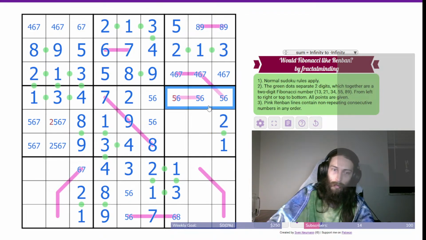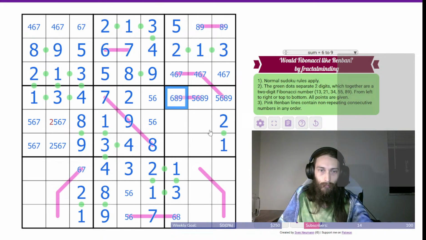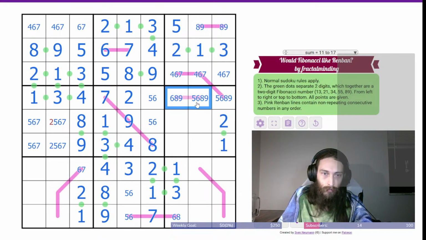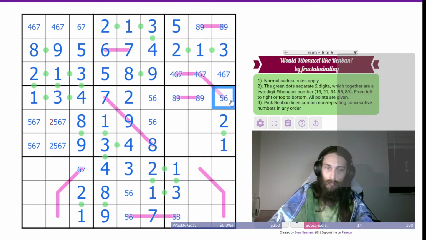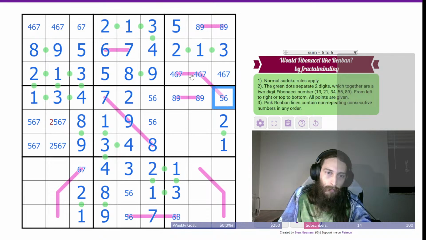Row 4, 5, 6, 8, 9, you said? Yeah. And the red band that comes down from box 3 to box 6. Yeah. It definitely couldn't have had 9 on it, so that reinforces this being right. 8, 9.